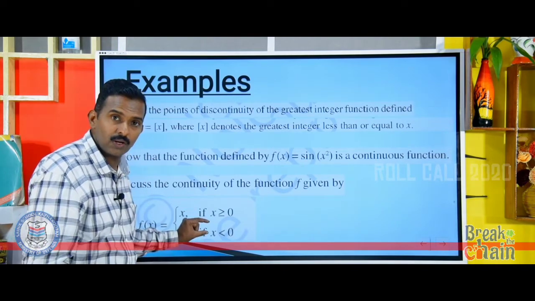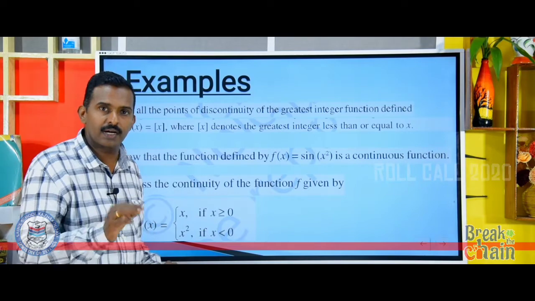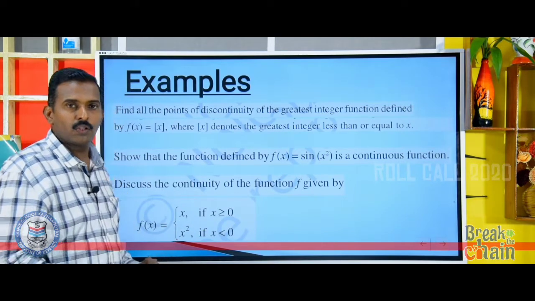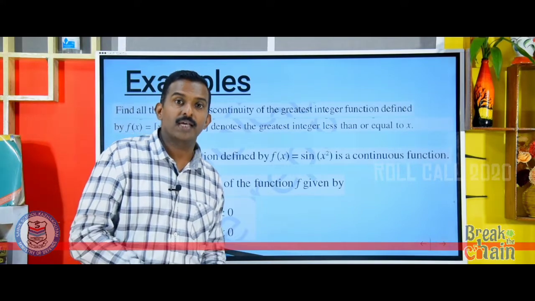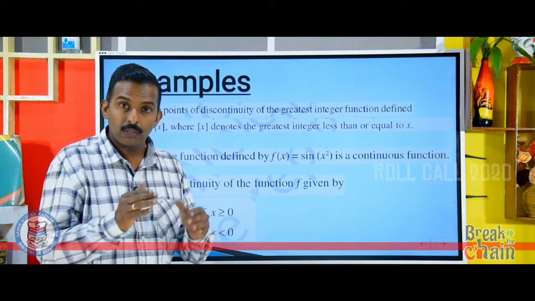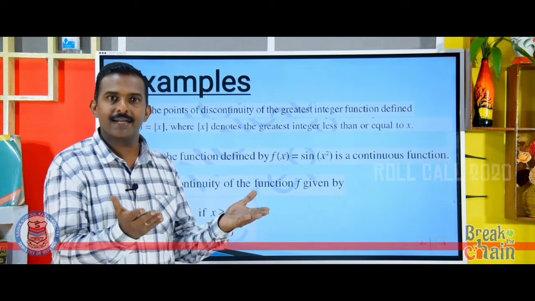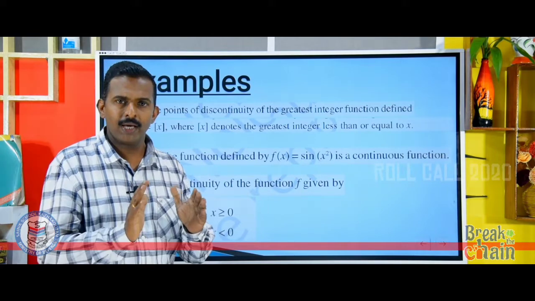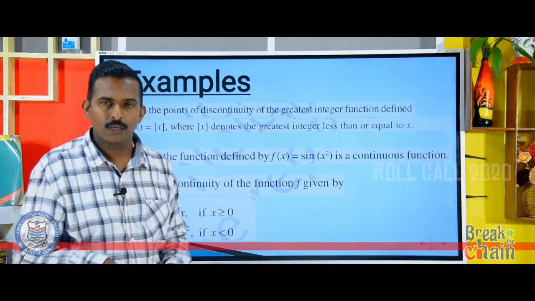For x less than 0 also, it is continuous, because it is a polynomial again. Therefore, the only point you need to check is at x equal to 0. Usually that is how it happens. The point where the function divides, that is the point you should check for continuity. Otherwise, the function should be continuous.